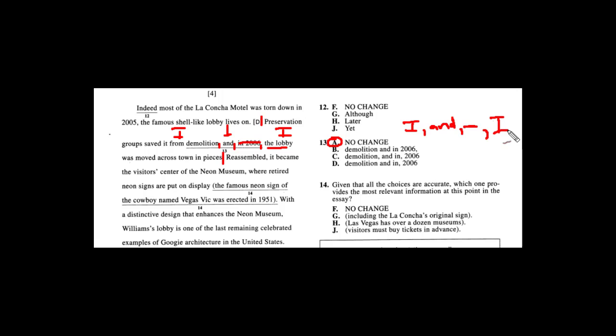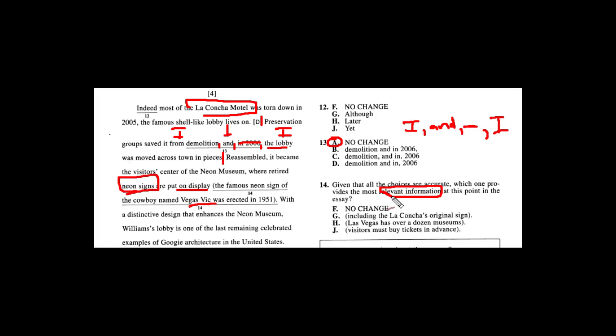Problem number 14 here, this is an anti-razor blade. Given the choices are true and accurate, which one provides the most relevant information at this point? Well, relevant information, so where are we? This is our relevant information at this point. Right away, I look over here, it looks like we're dealing with this motel, okay? And then down over here, it says that there's neon signs that are displaying the ad on it, okay? So our relevant information is going to be anti-razor blade.